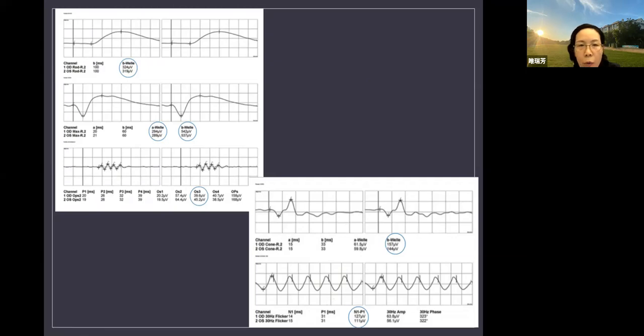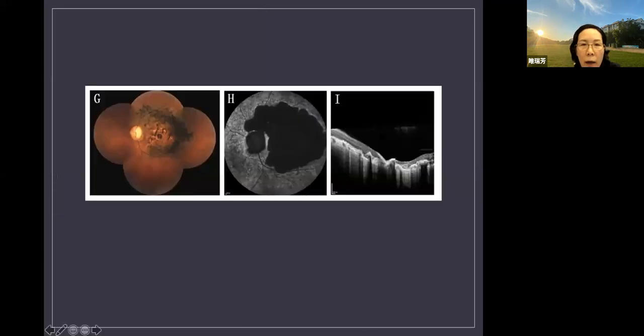And when we have a patient at this stage, we know we will have both cone and rod function impaired.